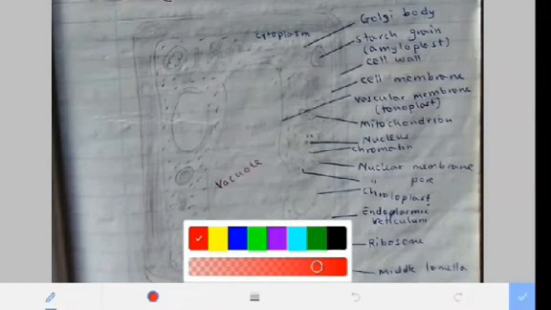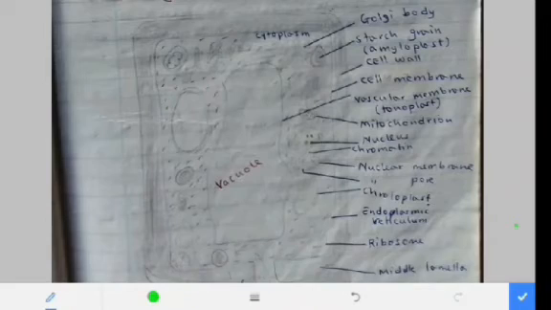The cytoplasm that was inside now has very many parts. We have the Golgi body, the starch granules, the cell wall, the cell membrane, and the vacuolar membrane, which we call the tonoplast. It is the membrane that covers the vacuole.